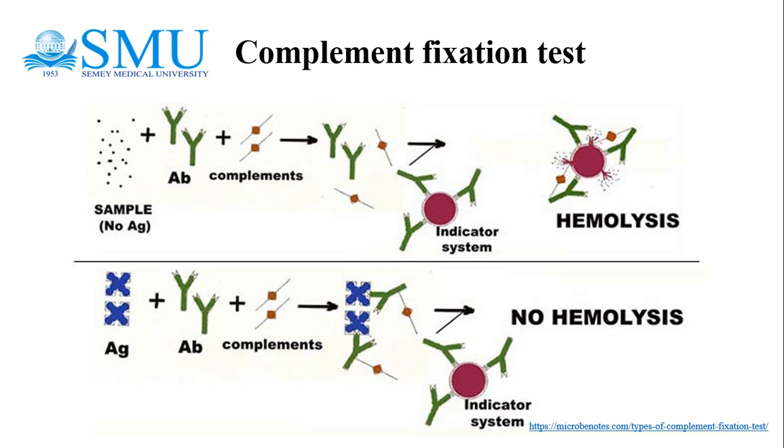If the test serum is positive for antibody, there is no free complement in serum to bind to amboceptors, and there is no hemolysis. If the test serum is negative for antibody, the free complement is fixed to the amboceptor bound on sheep RBCs, resulting in hemolysis.